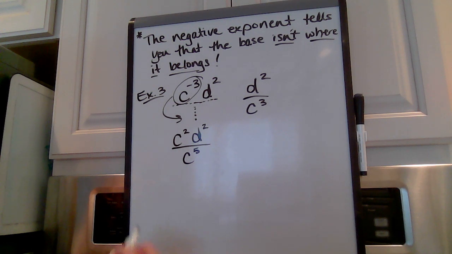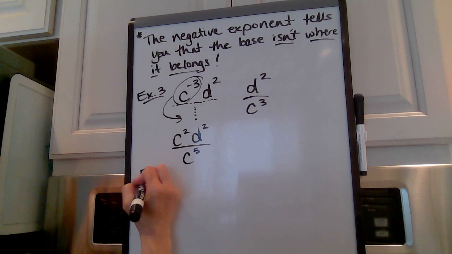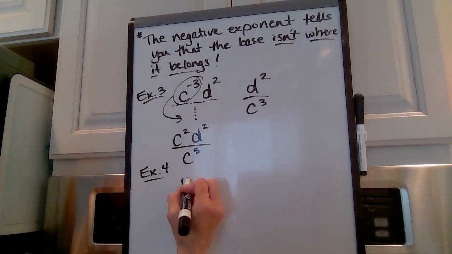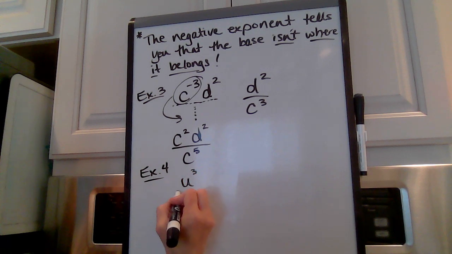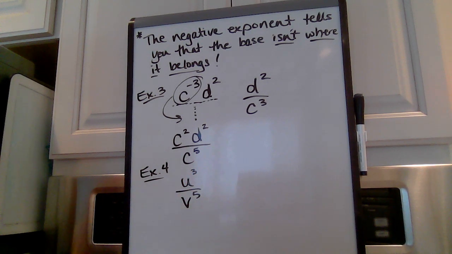Another thing that you might be asked to do is you might be given a fraction with positive exponents. And they're saying, rewrite this expression so that it is no longer in fraction form. Well, if you wanted to write this so that it's not in fraction form, you have to move this out of the denominator.